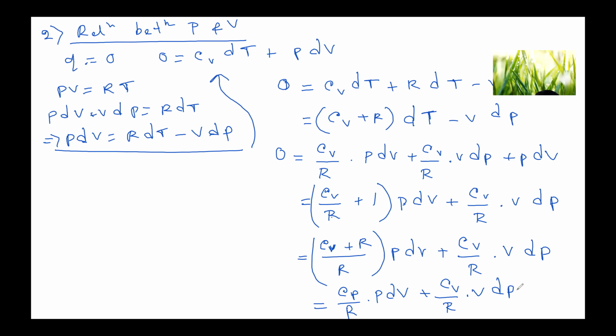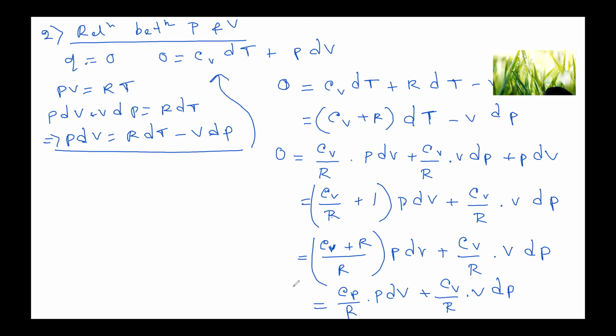I cannot add more pages over here, so let me do this quickly. Cp by R into P dV plus Cv by R into V dP equals 0.